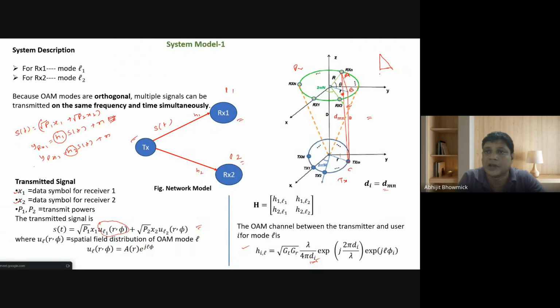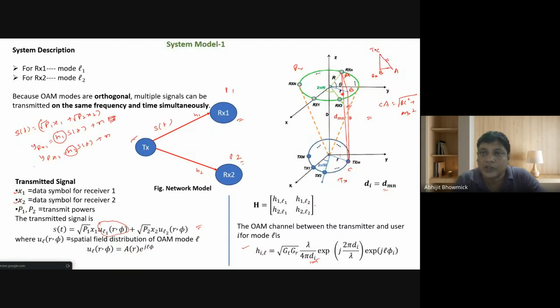This is B, this is C, this is the TX side, this is the RX side, and this is A. So what is this value? CA is equal to the square root of BC squared plus AB squared. This is how I can find this distance D.